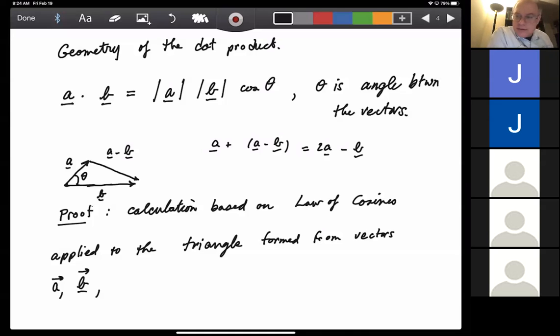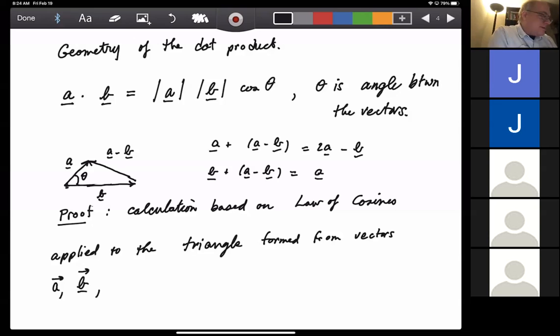So if I drew this arrow in the other direction, then vector B plus vector A minus B, the B's would cancel and I would be left with the vector A here.